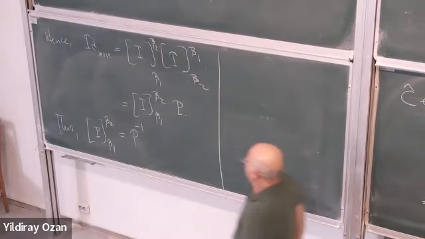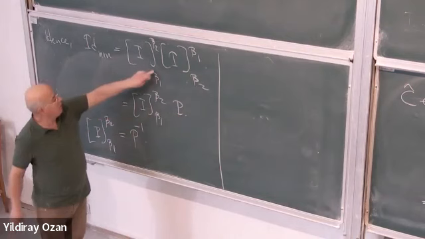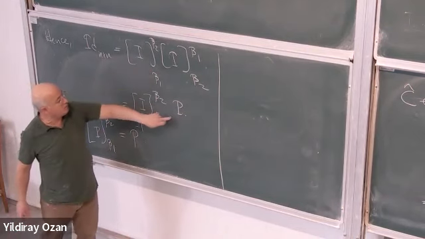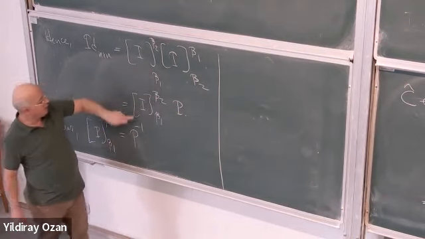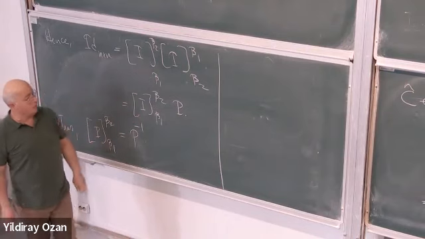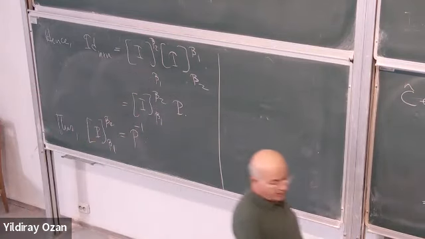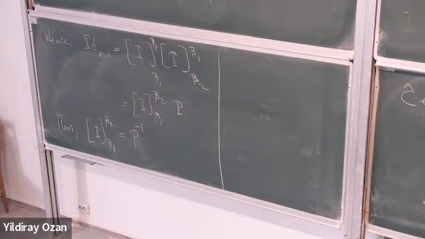So, this is identity, and we call this matrix P. Therefore, this has to be P inverse. So, what we see is then, if I come back here, this is the matrix P. I'm sorry, this is the matrix P inverse.